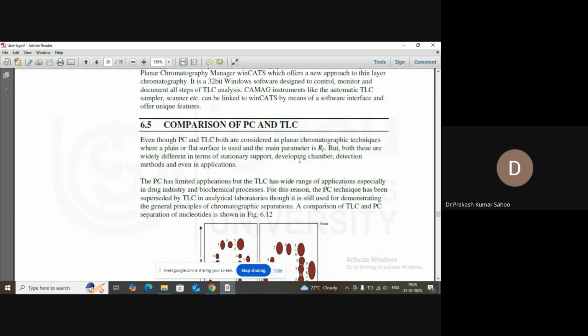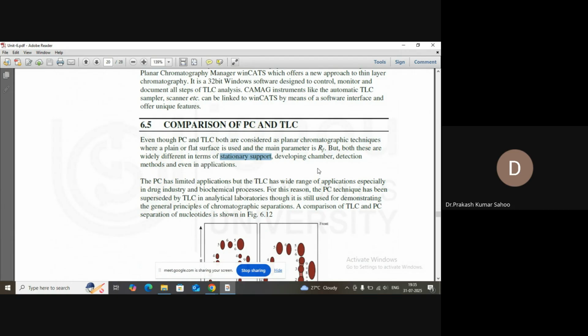But this is some comparison of PC with PLC. Both are considered planar chromatography techniques, where plane or flat surfaces are used, and the retention factor, or retardation factor, is calculated. Both are widely different in terms of stationary support, developing chamber, detection method, and application. The stationary support for paper chromatography is the paper.